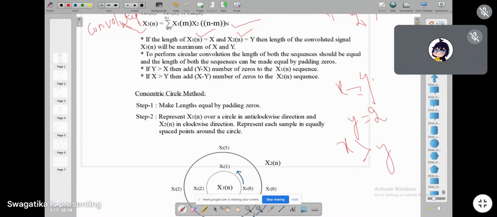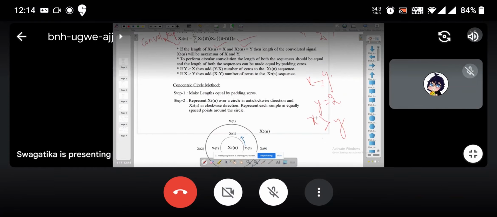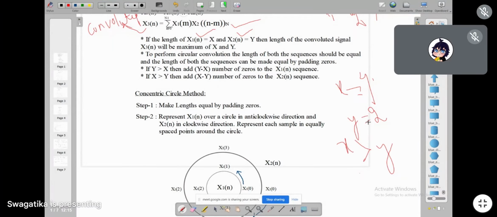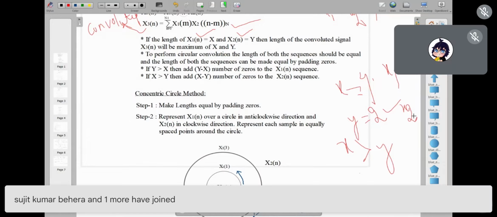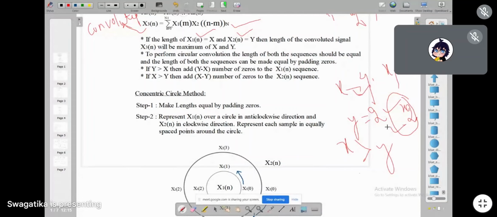You add zeros to the smaller one. Here you add two zeros to x2, then its length will be 4, and x1 is already 4. So you make the lengths equal.